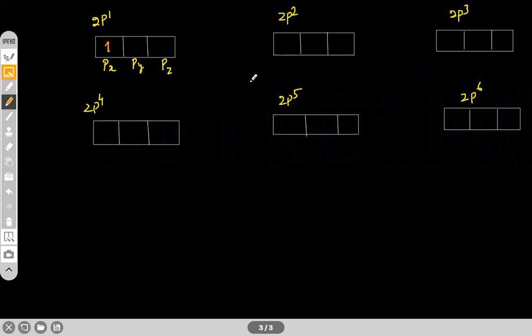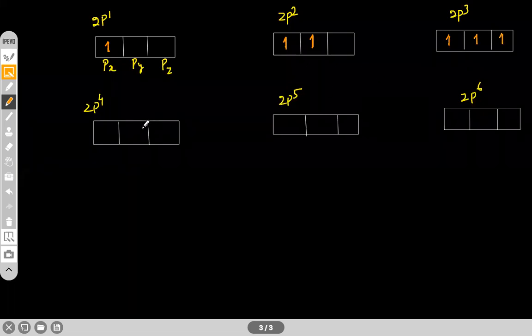In 2p2, one electron will be here, and the other electron will go into the next orbital, which is this. Remember, one orbital can have maximum 2 electrons, but then also the second electron won't go into this orbital, it will go into the next orbital, right? Third one also the same thing, 1, 2, 3, right?